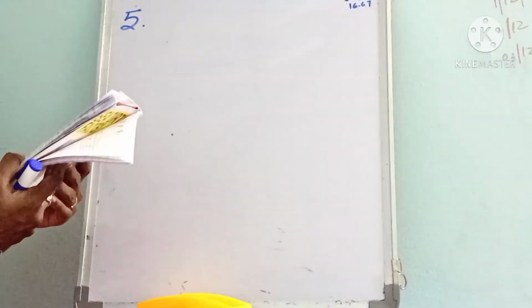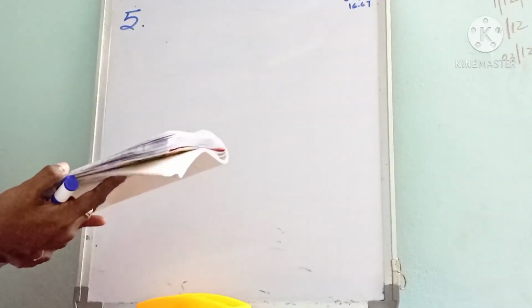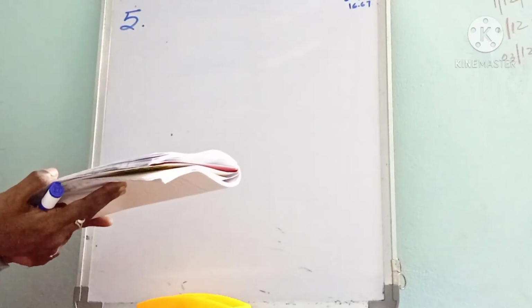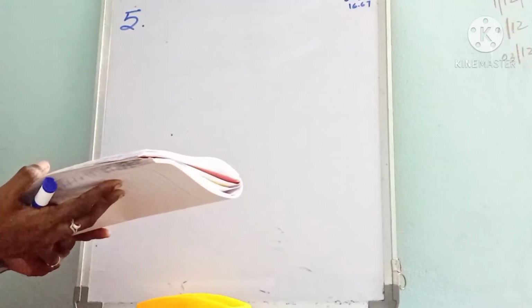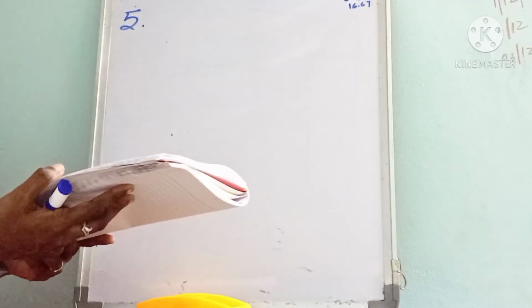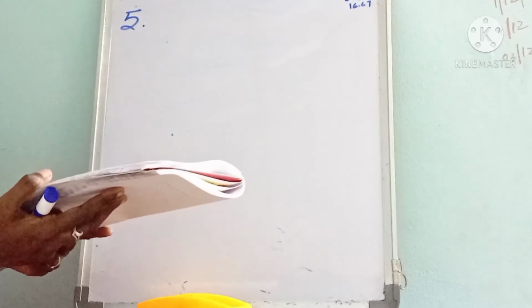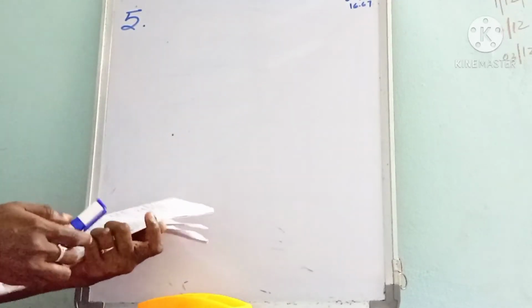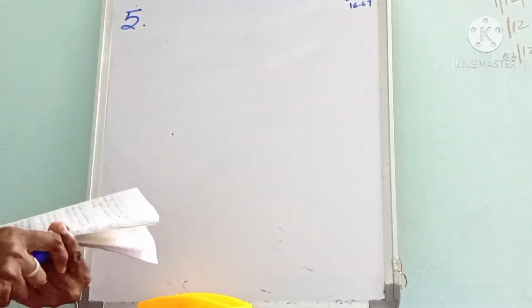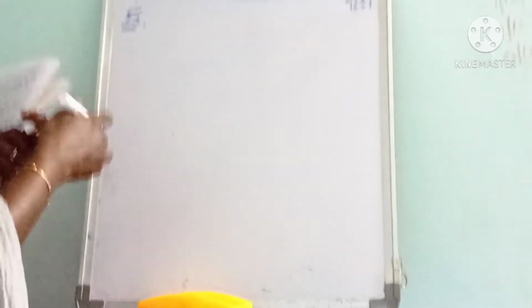Next, the fifth question is, what is the work done in increasing the velocity of a car from 30 km per hour to 60 km per hour, if the mass of the car is actually 1500 kg? That is the question. Here we have to find the work done to increase the velocity of a car from 30 km per hour.